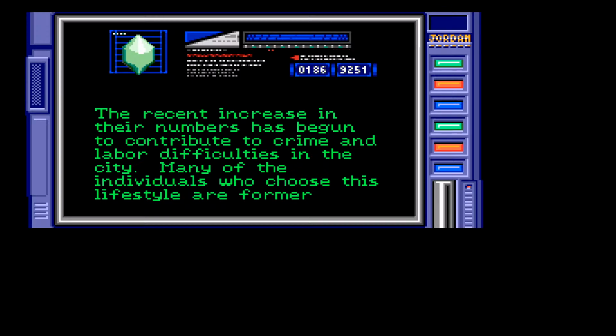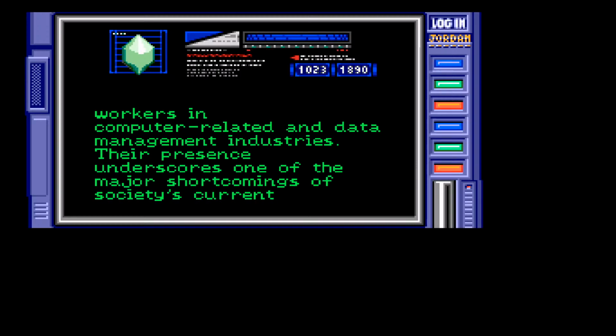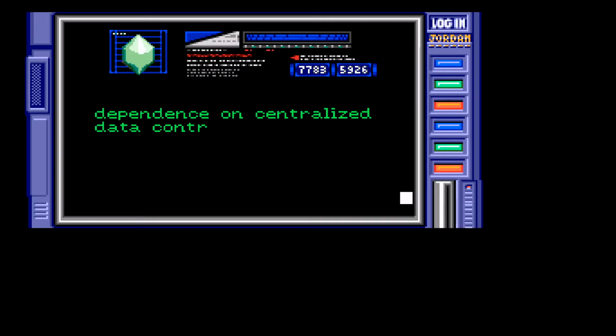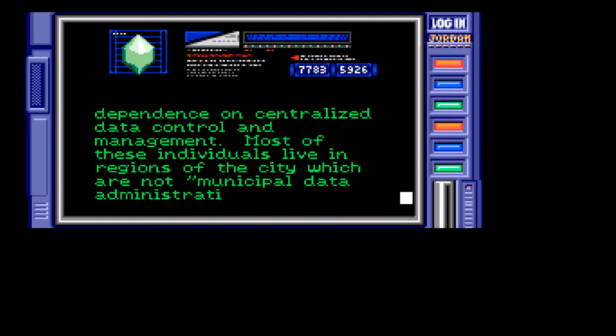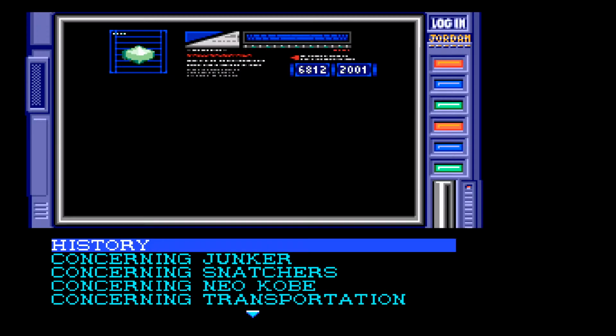Many of the individuals who choose this lifestyle are former workers in computer-related and data management industries. Their presence underscores one of the major shortcomings of society's current dependence on centralized data control and management. Most of these individuals live in regions of the city which are not municipal data administration districts, or in the old tunnels of the abandoned tube liner systems.